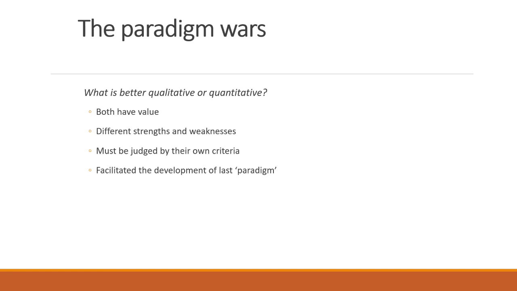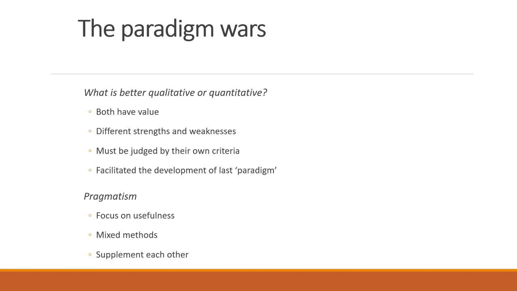And this is how the development of the last paradigm came to be. And this is called pragmatism, right? And pragmatism is about looking at the usefulness of the method that you are choosing. Is it useful, and is it enough to answer what you want to have answered?